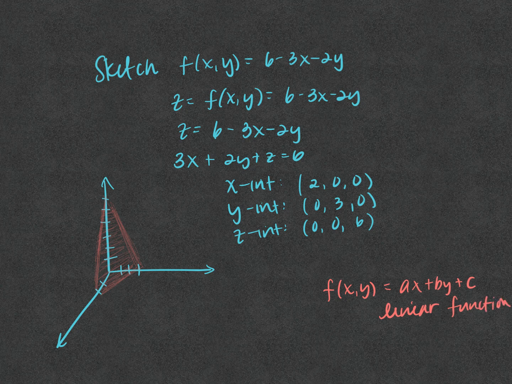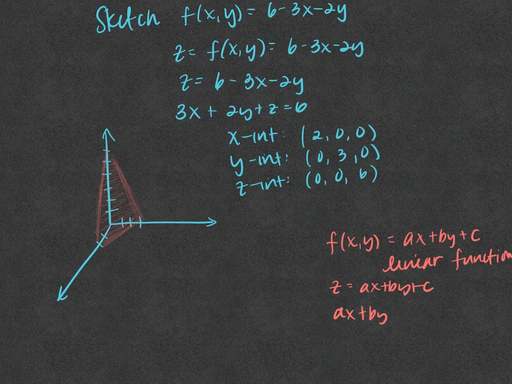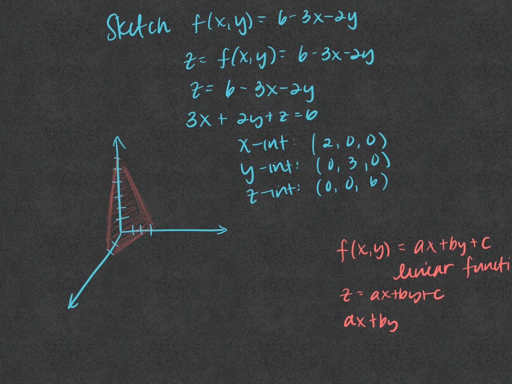And we can find that since z equals ax plus by plus c, then we can say that ax plus by minus c equals 0 for your form, or you could say equal to c.